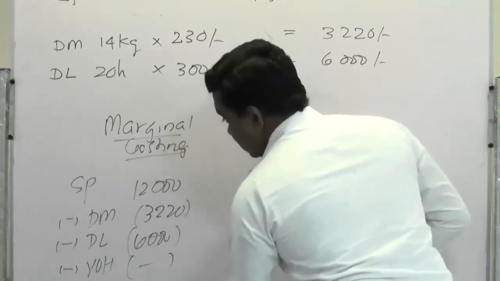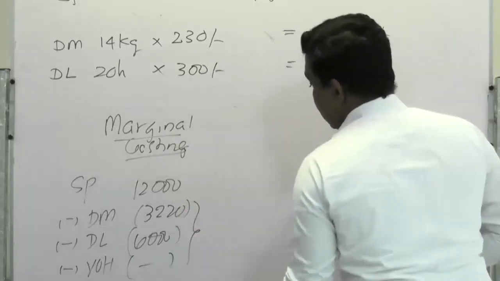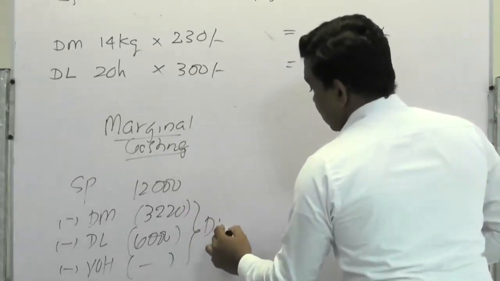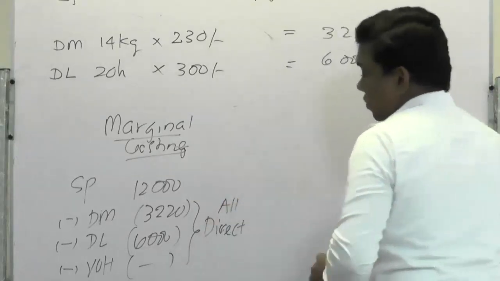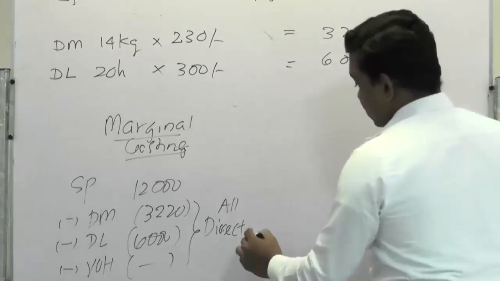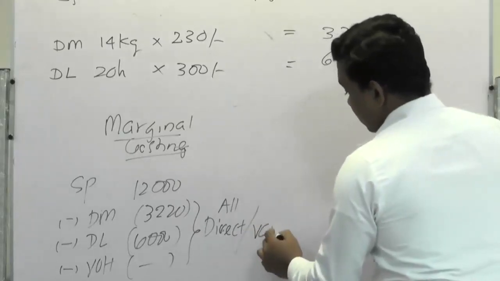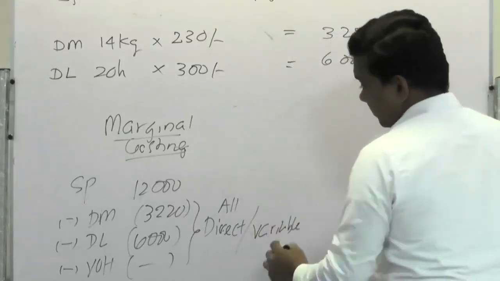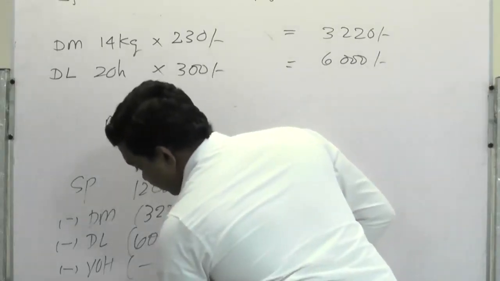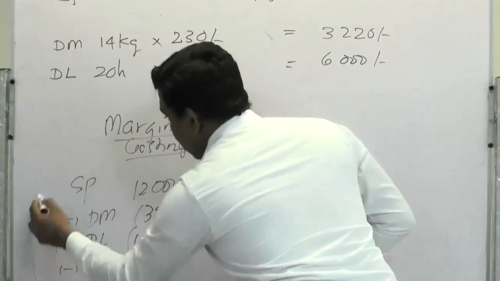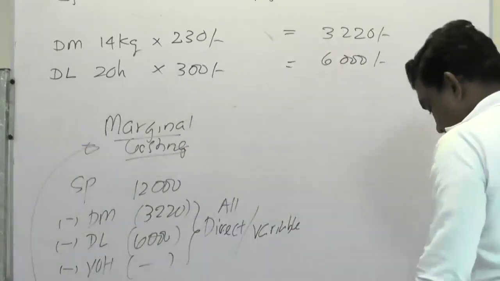Once you deduct all direct cost, all variable cost, the answer is called contribution. This contribution comes under marginal costing.